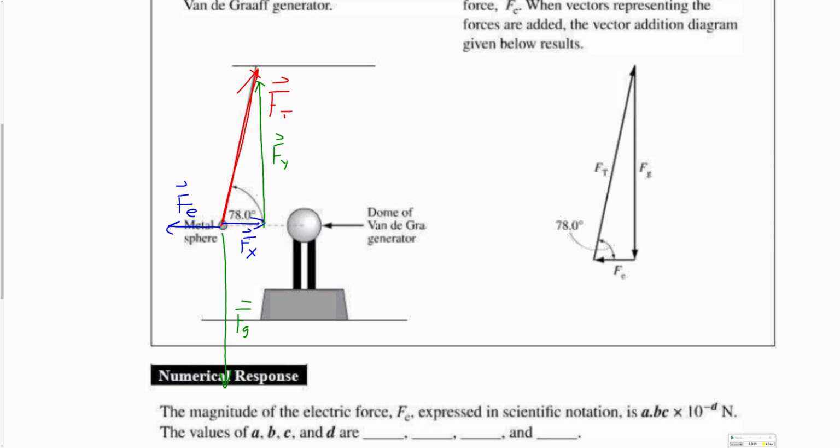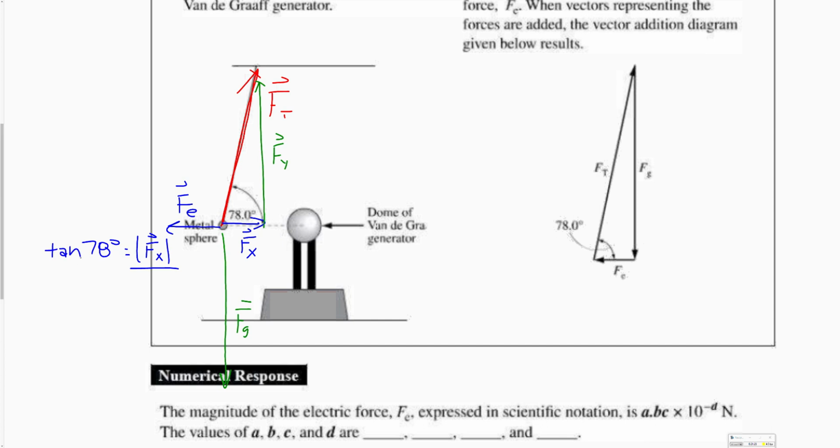So why don't we just say cosine 78 degrees is equal to the X component over the force of, oh no, we're not going to use cosine. Let's use tan, right?